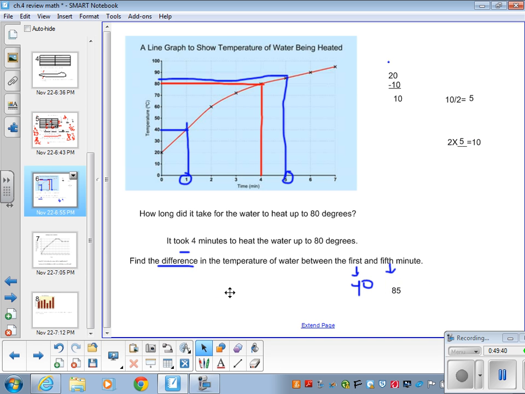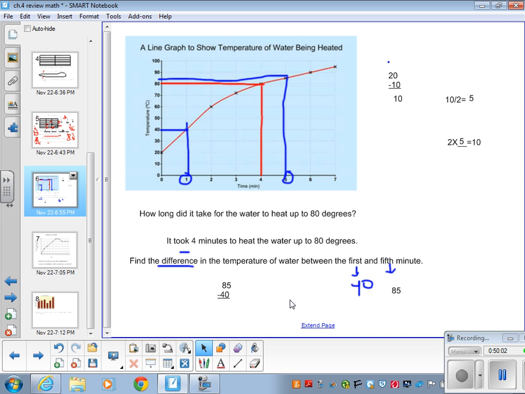They want to know the difference. So I have to take the bigger number, which is the 5th, and subtract 40 to find the difference between these 2 minutes, the heat temperature between these 2 minutes. You know what to do.